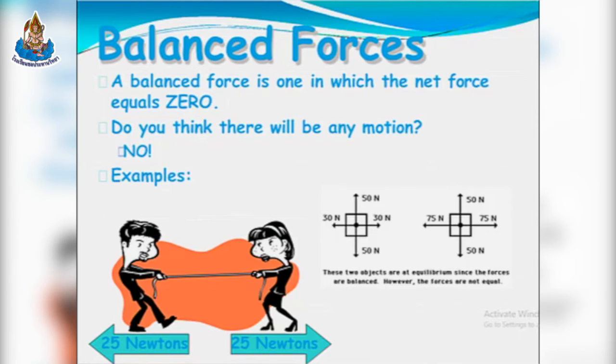Do you think if they exert the same force, there will be any movement or motion? Of course, no. If they exert the same effort, there will be equilibrium since the forces are balanced.